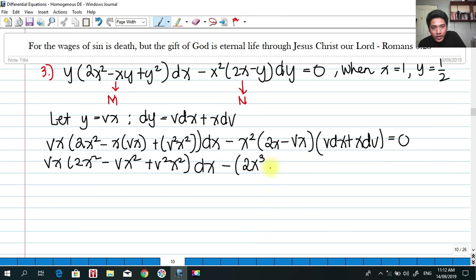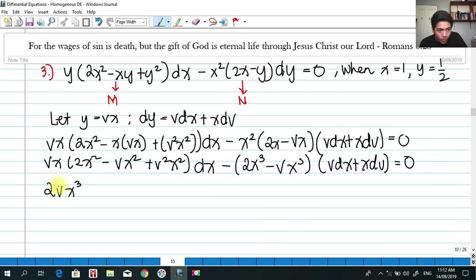So we have (2x cubed minus vx cubed) multiplied by (v dx plus x dv) equals 0. If I distribute, we have 2vx cubed minus vx times vx squared, that should be v squared x cubed, plus v squared x squared times vx, v cubed x cubed, dx.